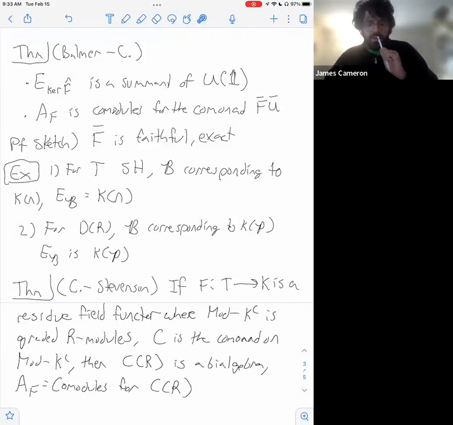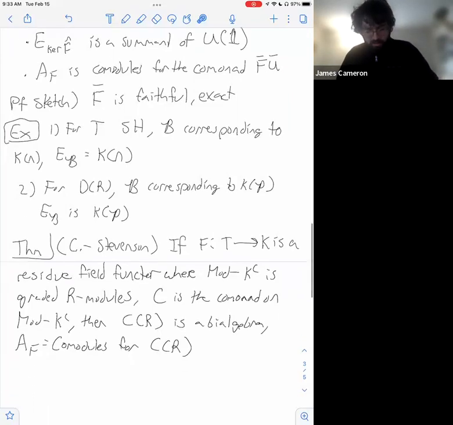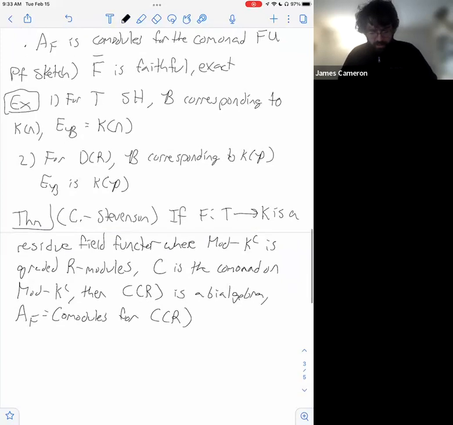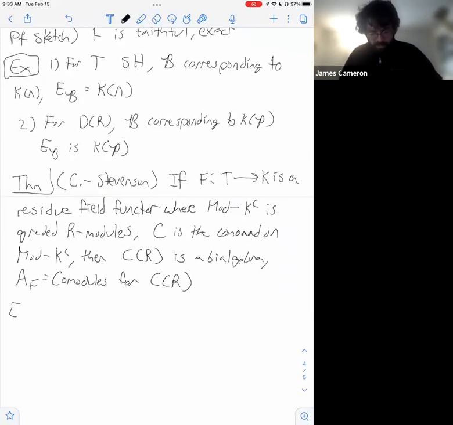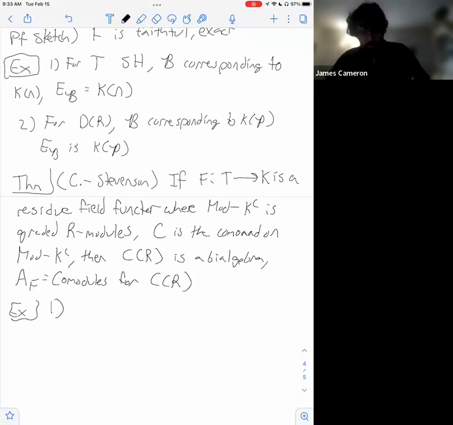Very good. So let me give a few more examples, just talking about places this applies. The first example would be in the stable homotopy category.